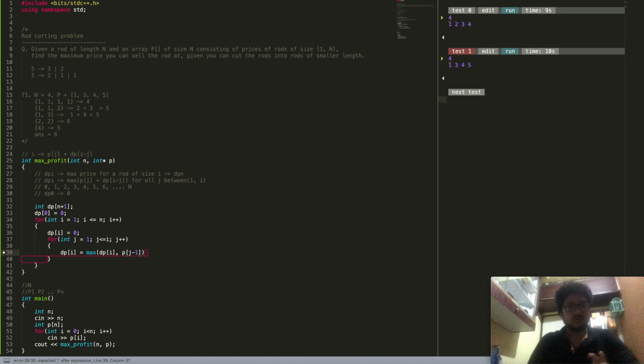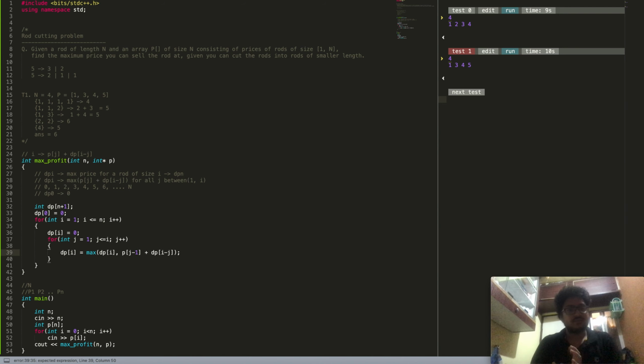Since this price array follows zero based indexing, the price of the rod of length j is represented by p of j minus 1 here. Otherwise, if this were one based indexing, we would have used p of j. So this will be equal to p of j minus 1 plus dp of i minus j.